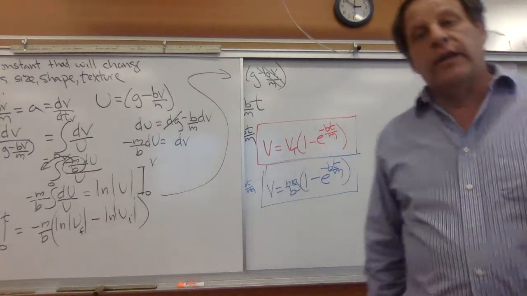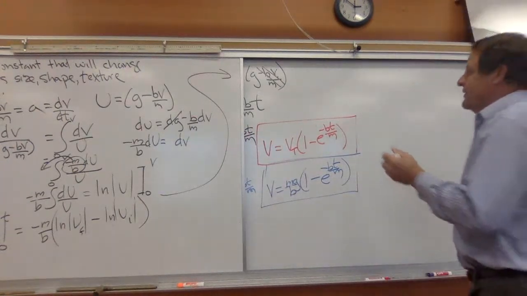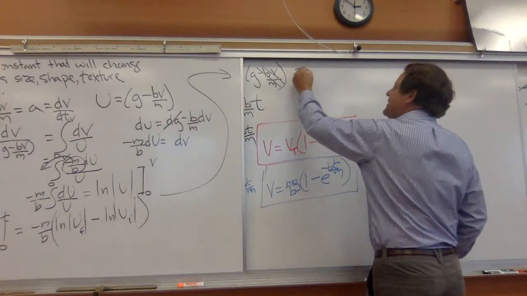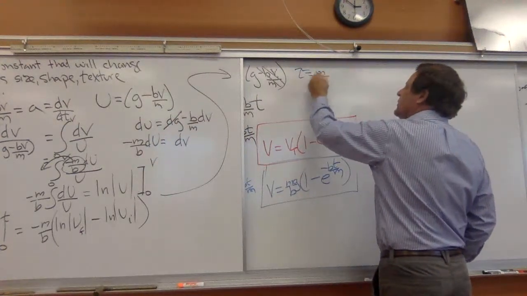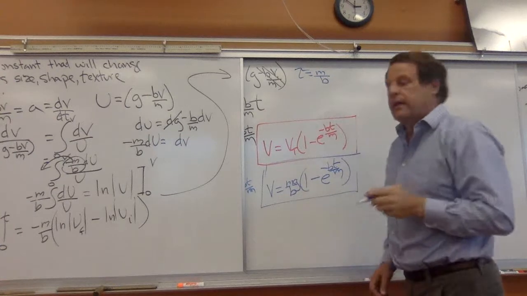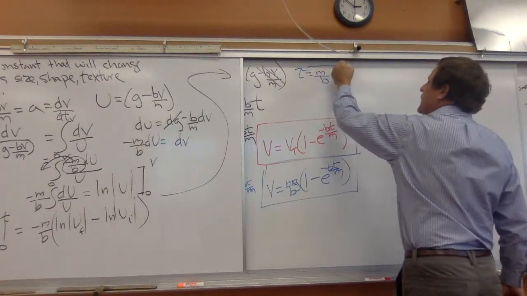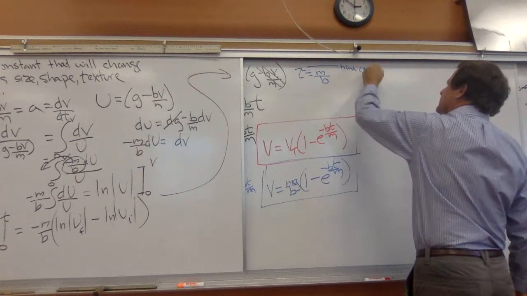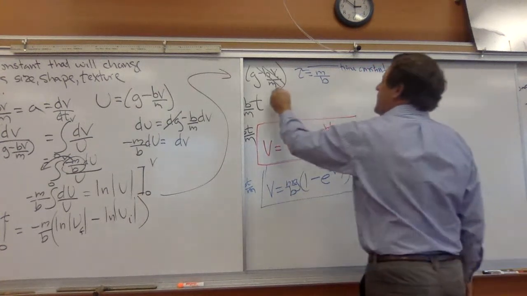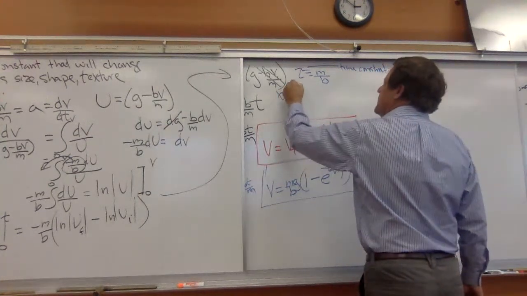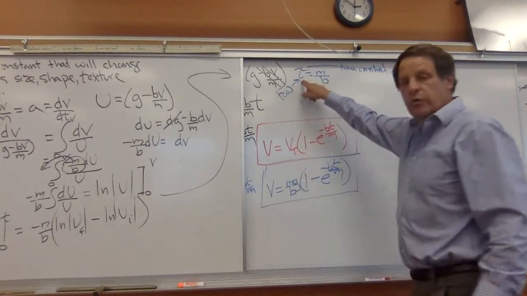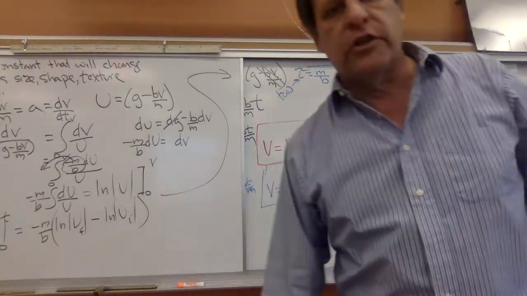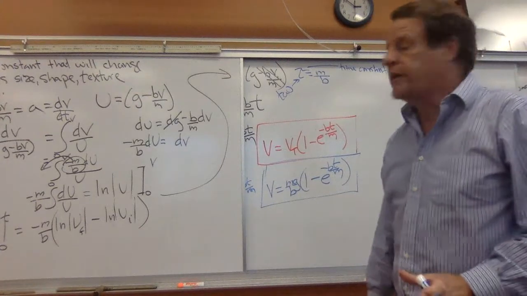Now, there is another thing that you're going to find in your book, which is called tau. Tau is equal to m over b. This tau is a variable called the time constant. It is the Greek letter essentially for t.